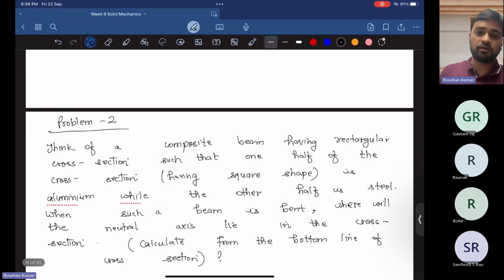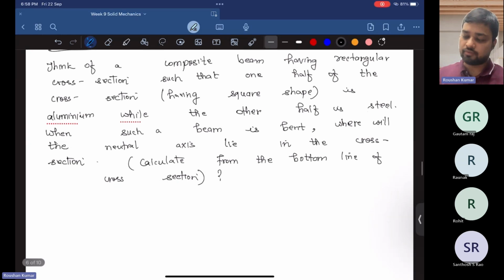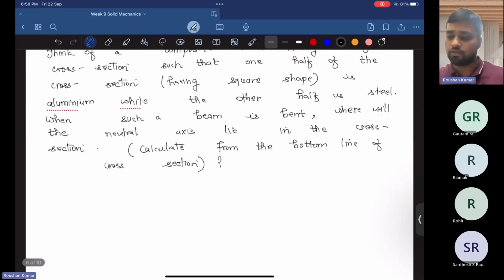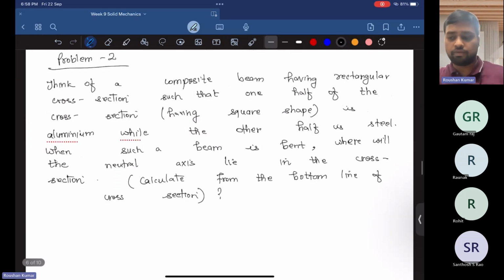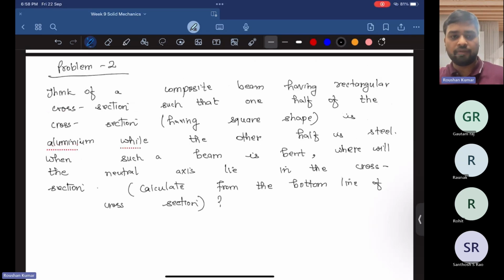Okay, so I am repeating the question one more time. The question is, think of a composite beam having rectangular cross section such that one half of the cross section having a square shape is aluminium while the other half is steel. When such a beam is bent, where will the neutral axis lie in the cross section? Calculate from the bottom line of the cross section.